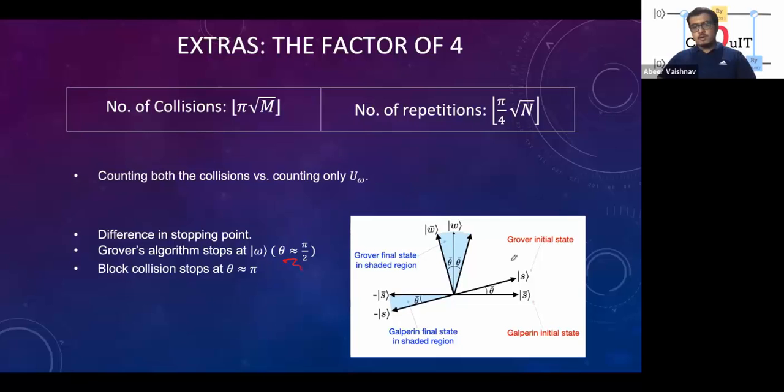The Grover search stops here, whereas the method mentioned by Galperin for this particular problem stops somewhere here. Okay, so between minus S bar and minus S, it stops somewhere in this region, whereas the Grover search stops somewhere in this region. So this stopping point variation is the reason for the another factor of 2 that we have in this particular case.